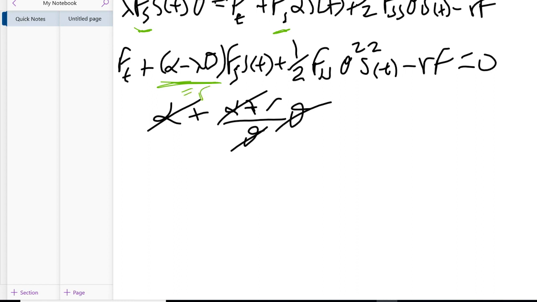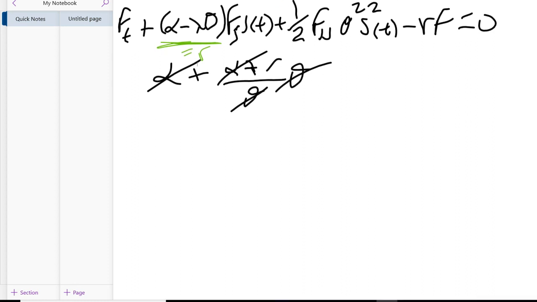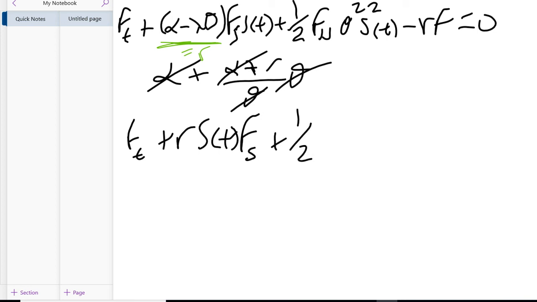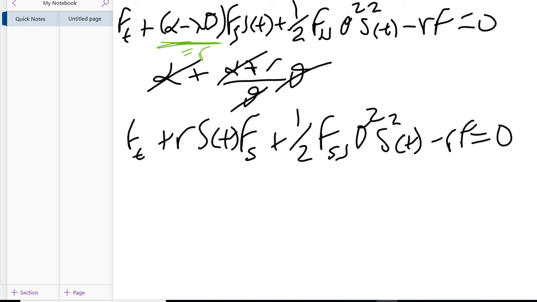So there we see we finally have first derivative with respect to t plus r s t first partial with respect to s plus 1/2 second partial of s sigma squared s squared minus r f equals 0.